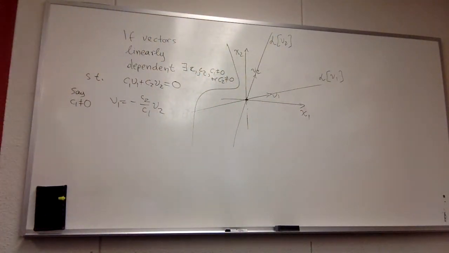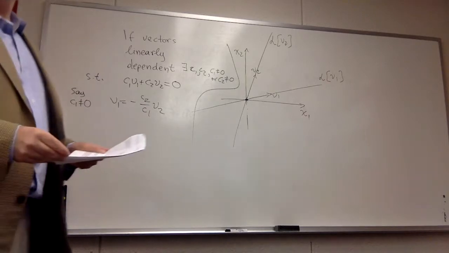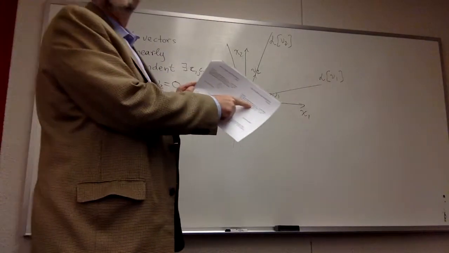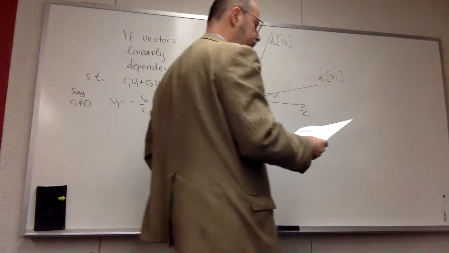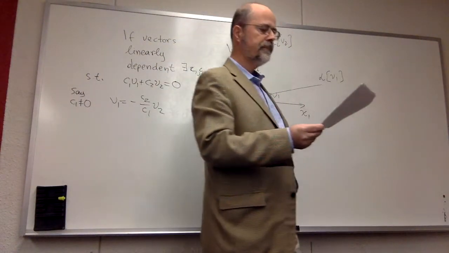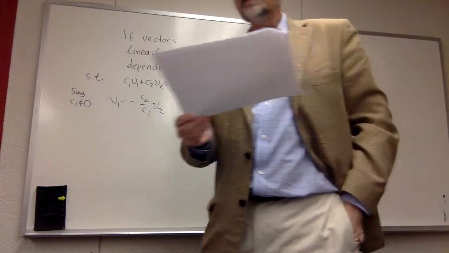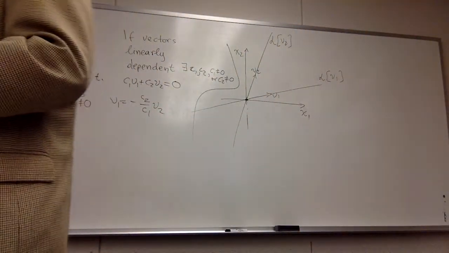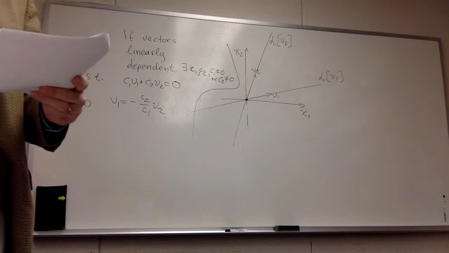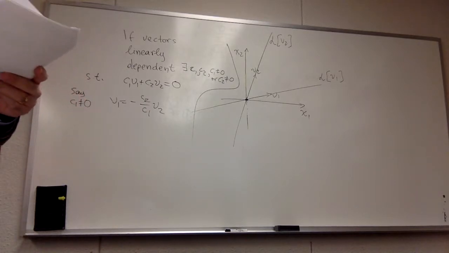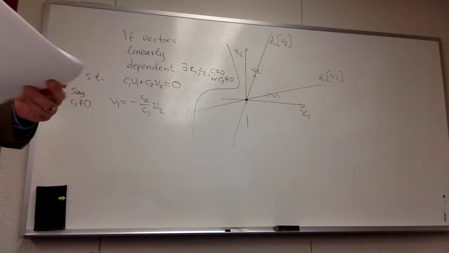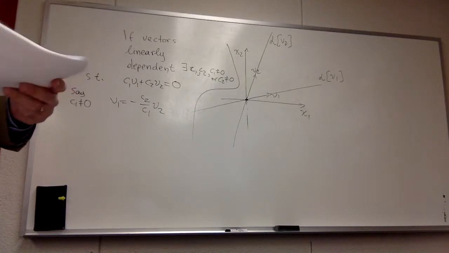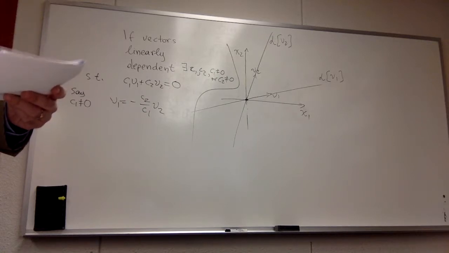A much more practical method is on the right side, top of that page. Put k and n as before, and make the matrix that is formed by using V1, V2, V3, up to Vk as columns.